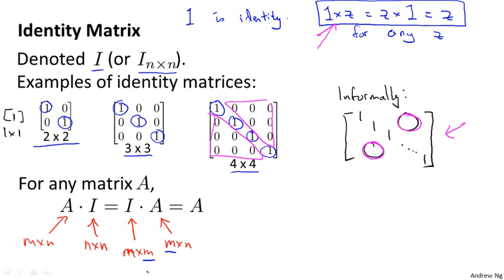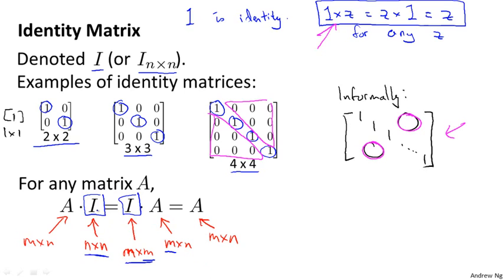In either case, the outcome of this process is you get back the matrix A, which is m by n. So whenever we write the identity matrix I, very often the dimension will be implicit from the context. These two I's are actually different dimension matrices: one may be n by n, the other m by m.